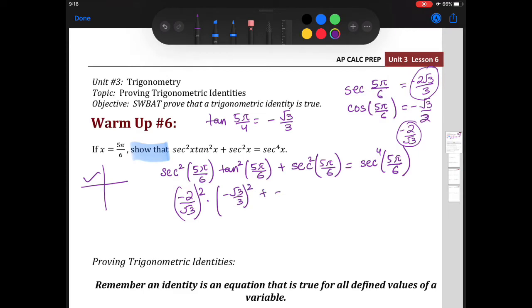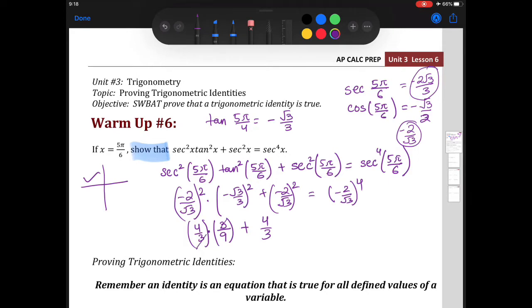Negative rad 3 over 3 squared plus negative 2 over rad 3 squared equals negative 2 over rad 3 to the 4th. Now just simplify this. This would be what? 4 over 3 times 3 over 9, right? Plus 4 over 3.